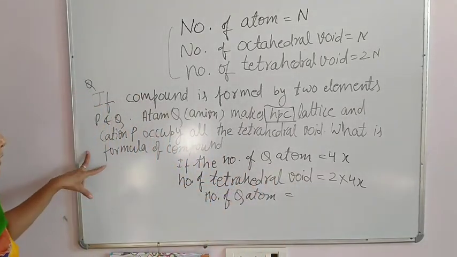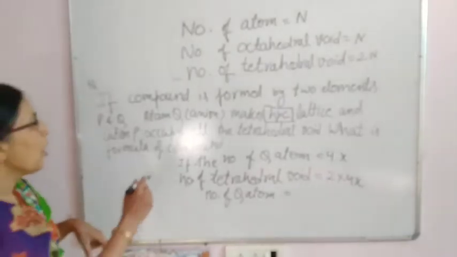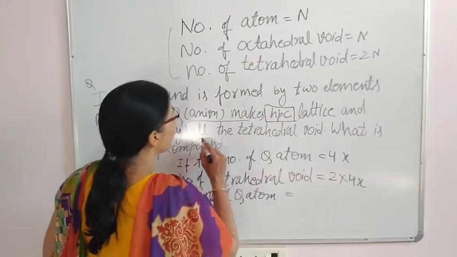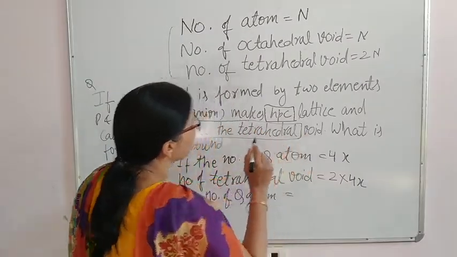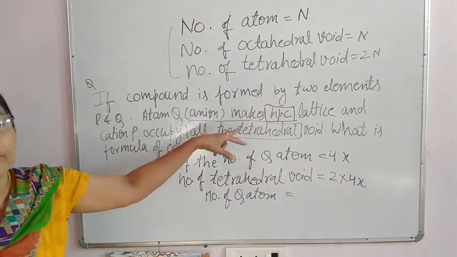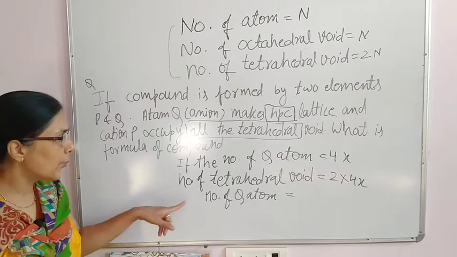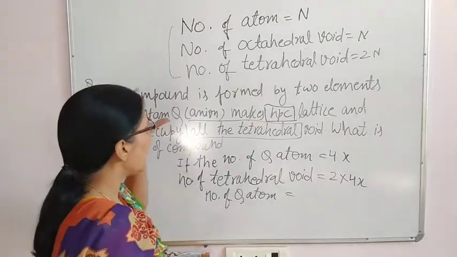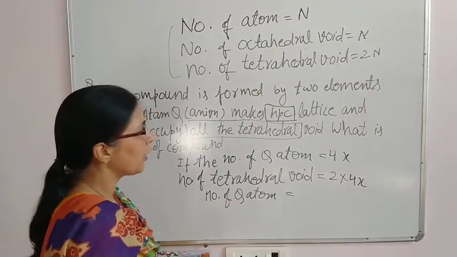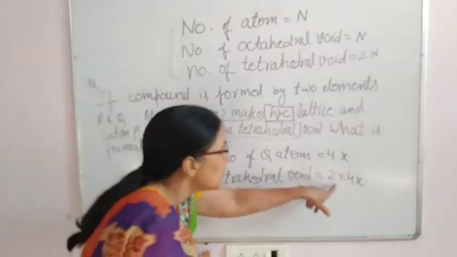In the question itself it is mentioned that all the tetrahedral voids are occupied. Sometimes it may be half of the tetrahedral voids, then the situation will be different. So the number of P atoms is at all the tetrahedral void positions, and the tetrahedral voids are 8x.